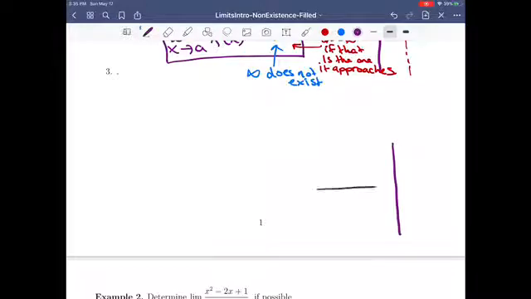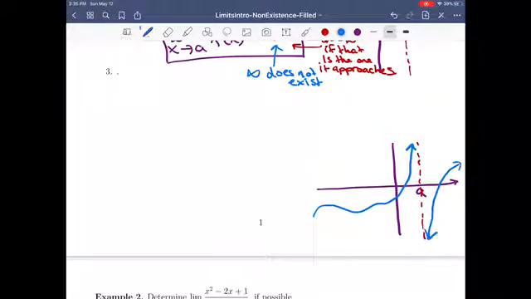Okay, so maybe we still have something like above, where we have an asymptote, and it could be that one of them approaches a number and one of them goes to infinity. That's still different. In this case, let's say it approaches positive infinity on this side, negative infinity on this side. So here they're going to different infinities.